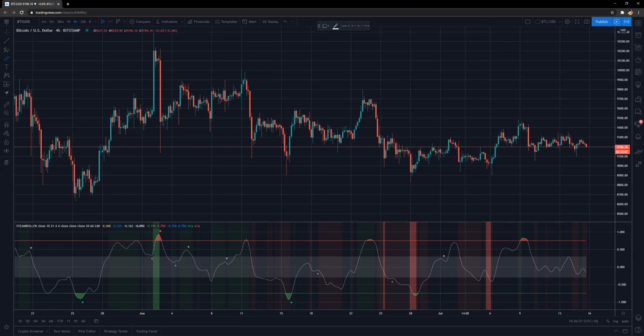We love this indicator for a number of reasons. Ads, you're going to show the guys some of the benefits and the major features, and we'll highlight a few things for you as we scan this BTC market. Just to give you a bit of background information, Steamroller is a moving oscillator. So it does gauge oversold and overbought conditions over multiple timeframes.